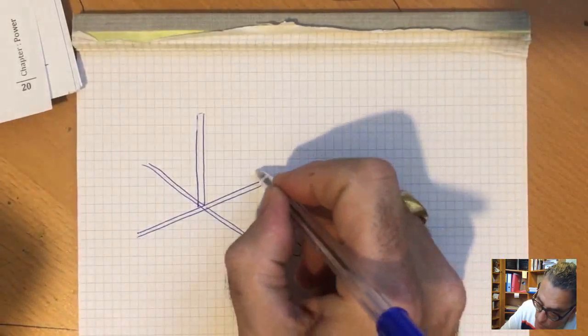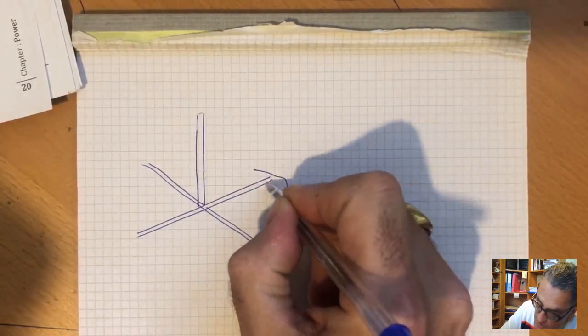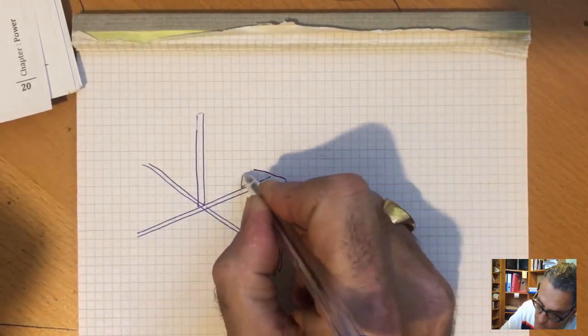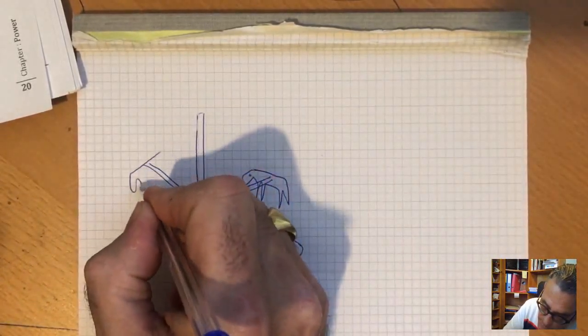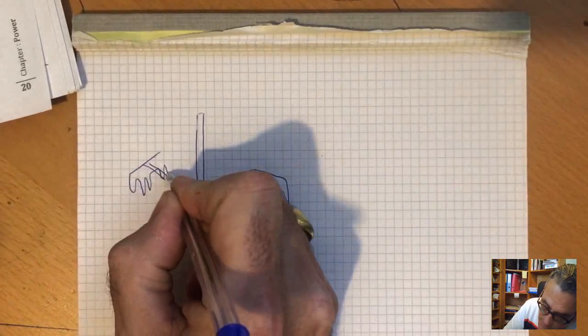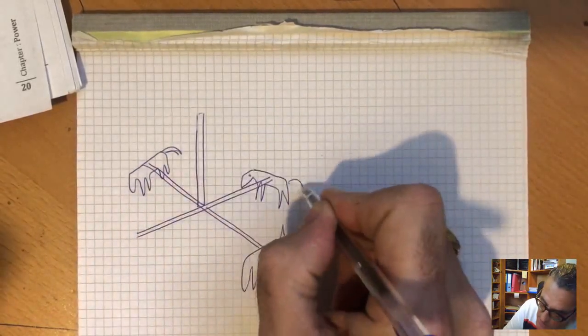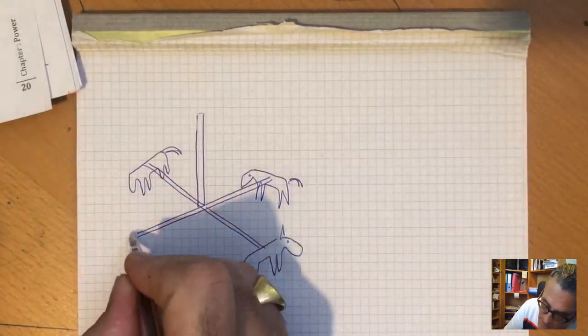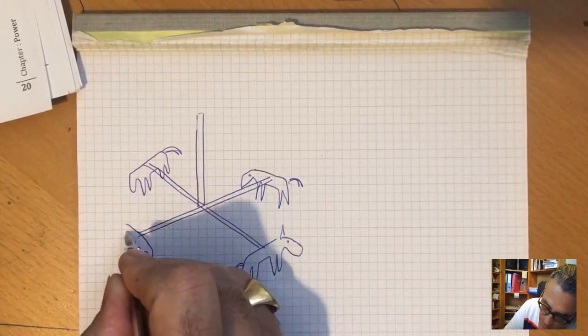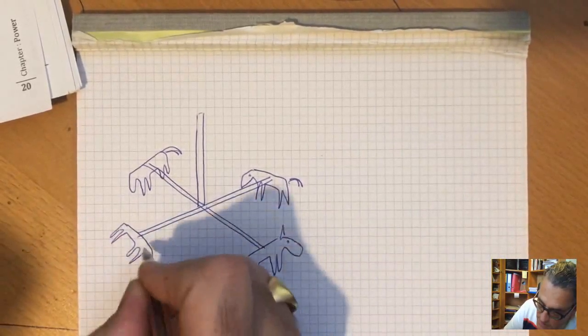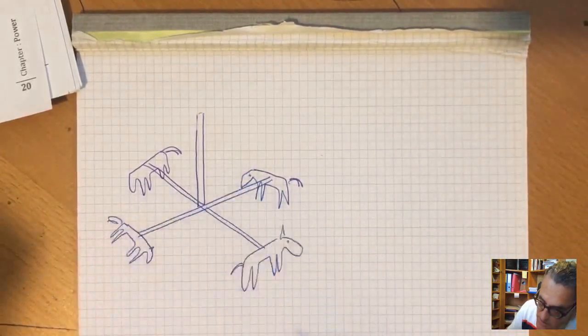And you had horses attached here. Yeah, horses are complicated to draw. And these ain't no horses. But okay, we are not at art school, we are in the college, so it's fine.